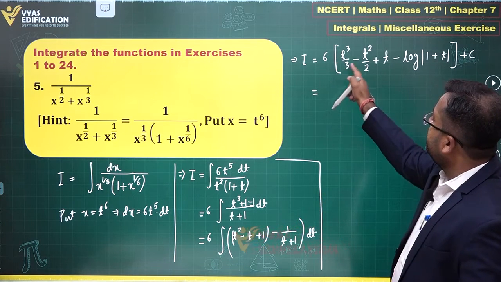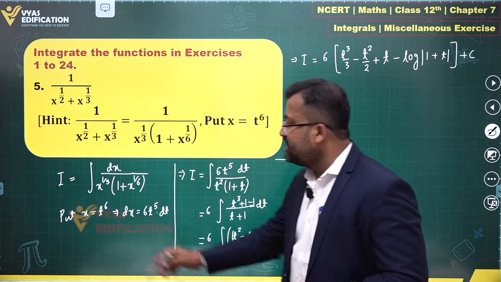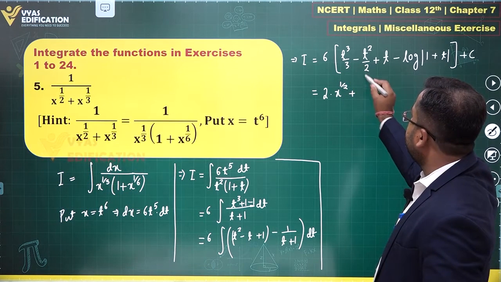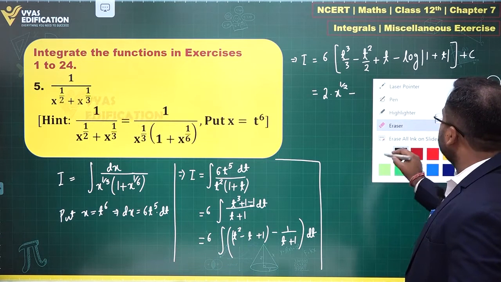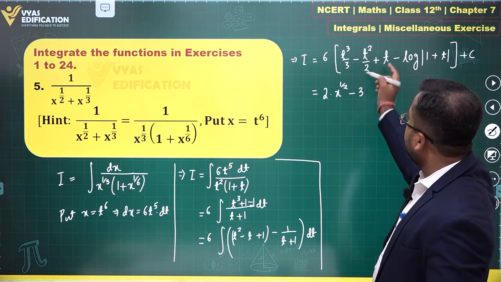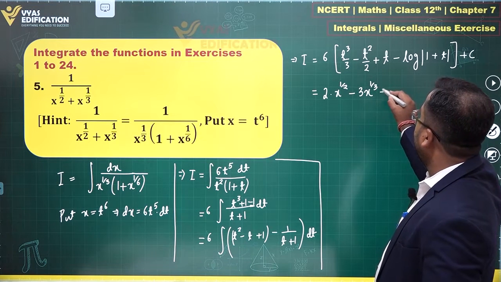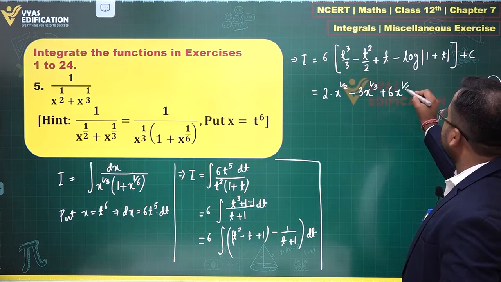Right. So 6 by 3 is 2. t power 3, what is t power 3? It is root of x, which is x power 1 by 2. Plus 6 by 2. Sorry, there's a minus over here, not a plus. So this is minus 3 times t square. t square is x power 1 by 3. Plus 6t. t is x power 1 by 6.